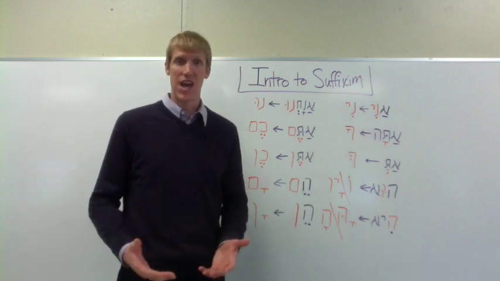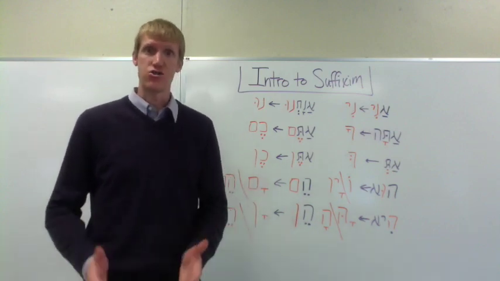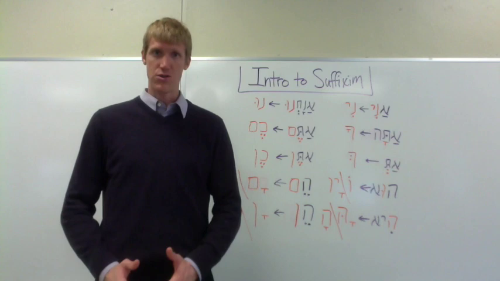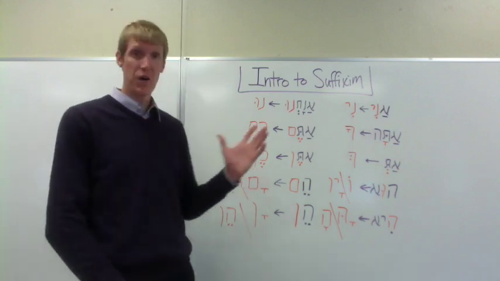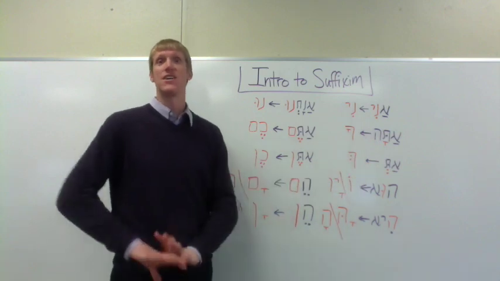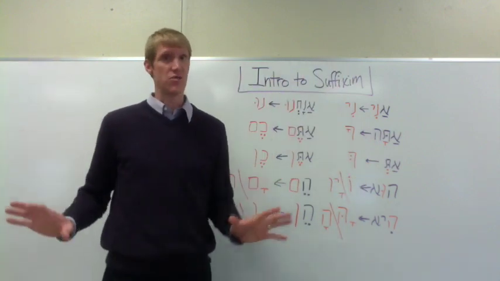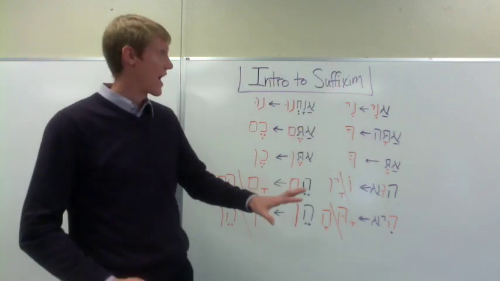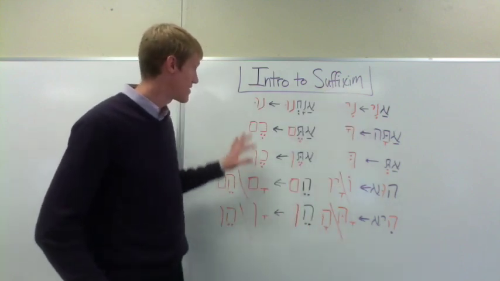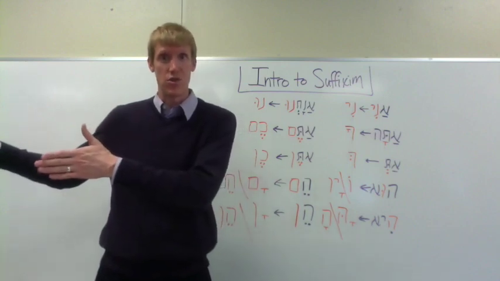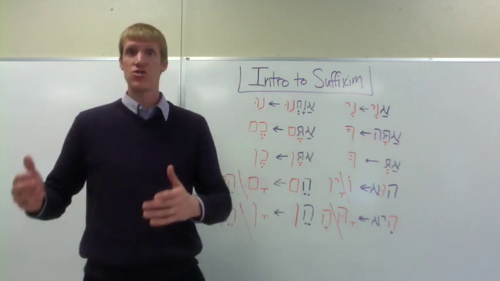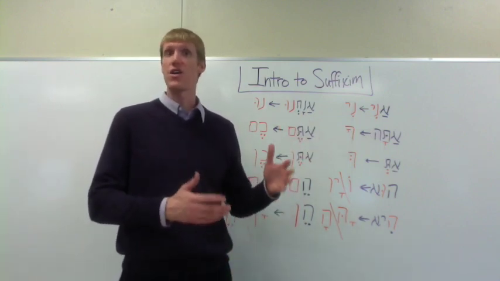Because a suffix, again, is simply a contracted, independent personal pronoun. And they're contracted in certain ways. But the pronouns contract in different ways to make different things. So the pronoun contracts to make a suffix in these ways. The pronoun contracts in different ways to make what I referred to earlier as an affix. And then it contracts in other ways still to make another thing called a prefix.